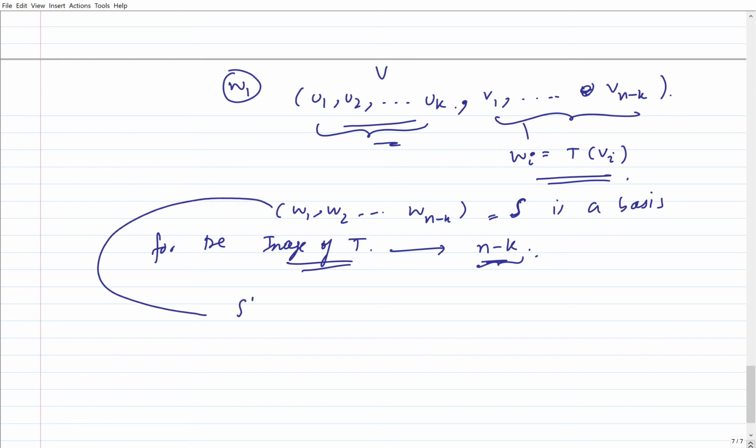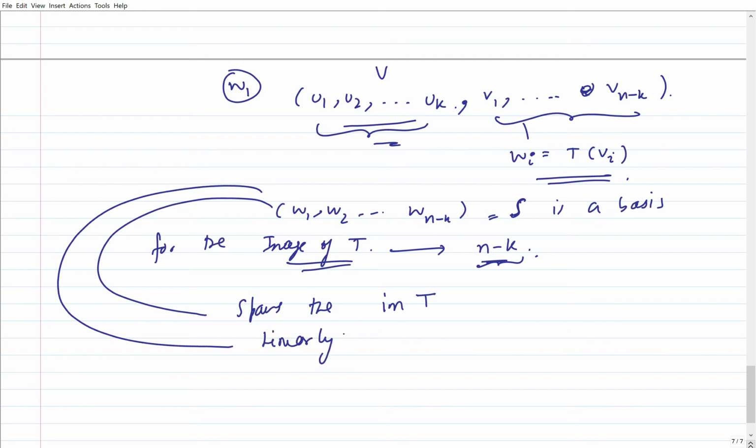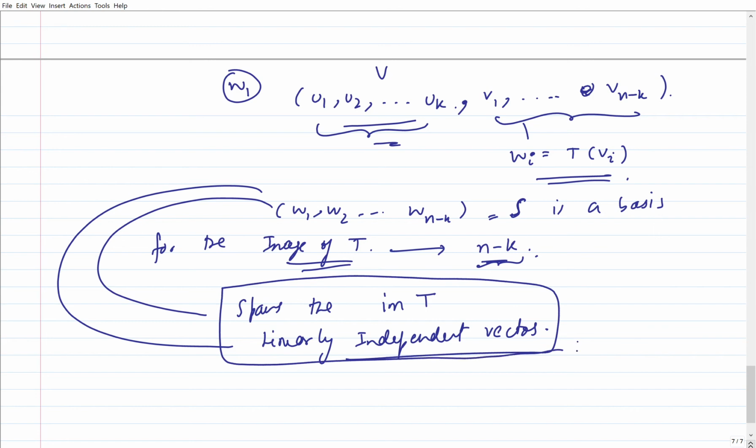I need to prove that it spans the vector space, the image of T, and that the set of W1, W2, these guys, are linearly independent vectors. So that is the way you can do it.